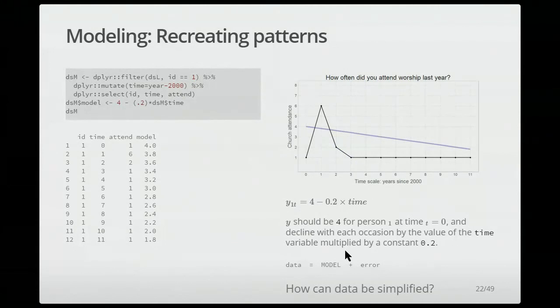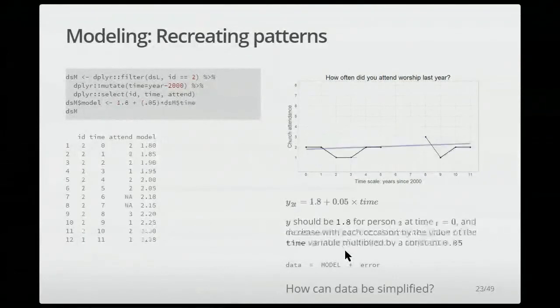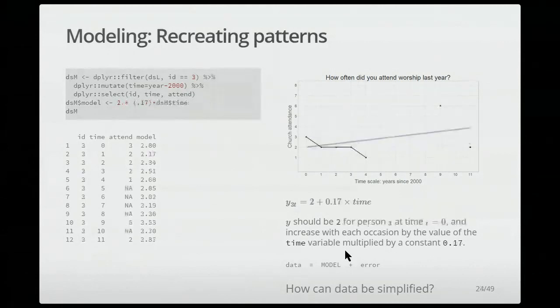Well, we can do the same thing for maybe different people. So this is the subject with ID number 2, and I decided to guess what his trajectory might be approximated as. Well, maybe that's a guess. Subject number 3, another guess that I took.